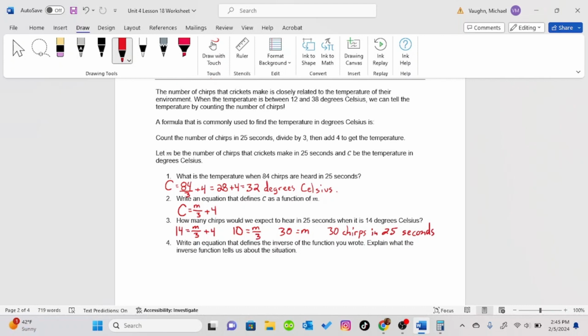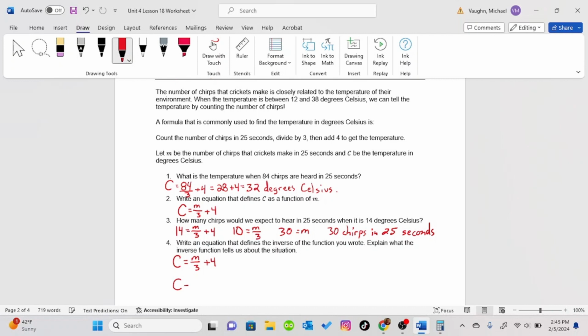Write an equation that defines the inverse of the function you wrote. Explain what the inverse function tells us about the situation. We take the original equation, C equals M divided by 3 plus 4. We subtract 4 from both sides.